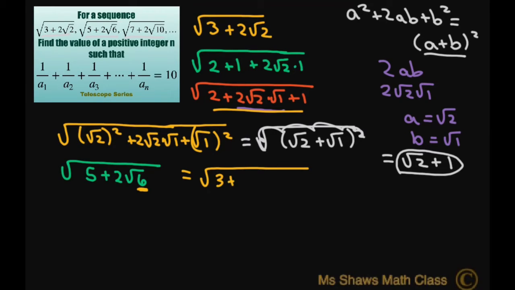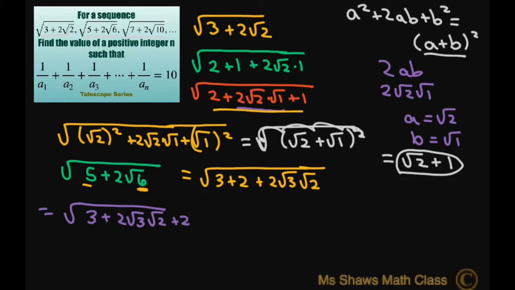So 3 plus 2 is going to be my 5. And then we write this as 2 square root of 3 times square root of 2. Then I'm going to rearrange it and get square root of 3 plus 2 square root of 3 times square root of 2 plus 2.